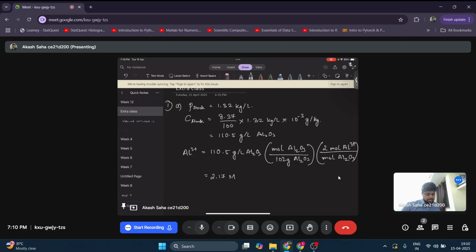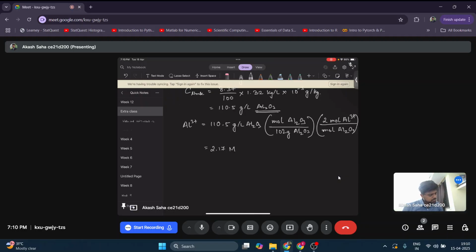This was the first part, and the second part asks what is the concentration of the stock solution in terms of alum. We found it in terms of Al2O3 in the previous step; now we have to find it in terms of alum.